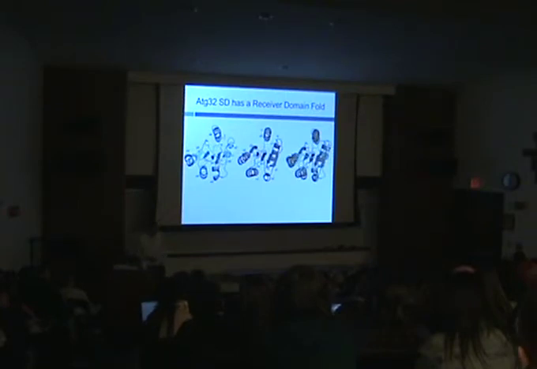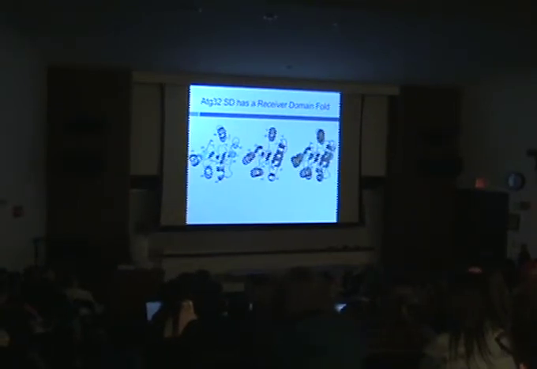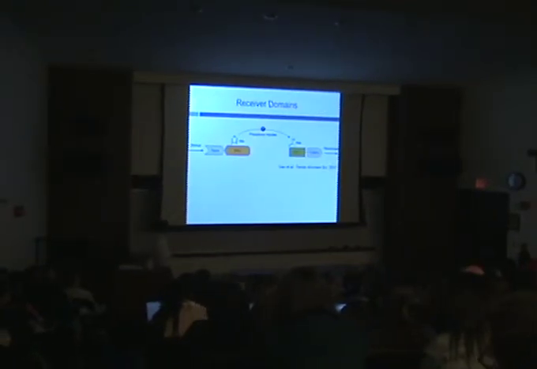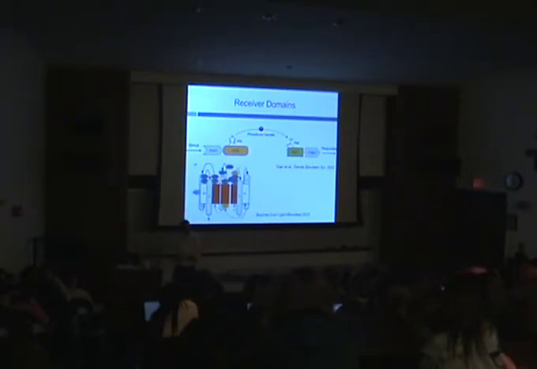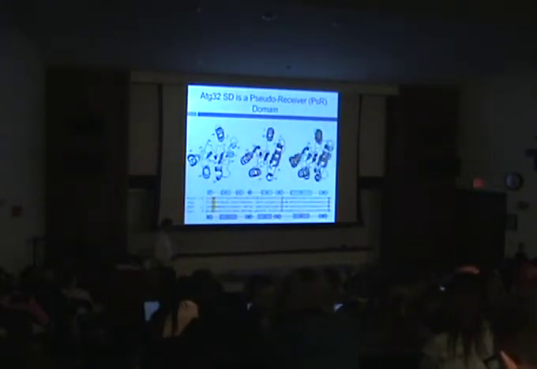Okay? So I'll skip a little bit of data, but just to say, this tells us that this domain could potentially act as a timer in which it gets phosphorylated and then it auto-dephosphorylates itself. In order to do that, it needs a number of residues.